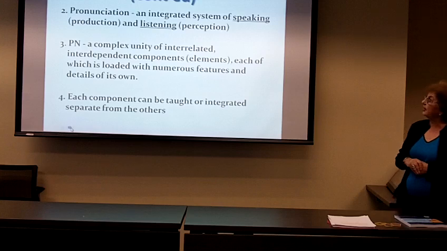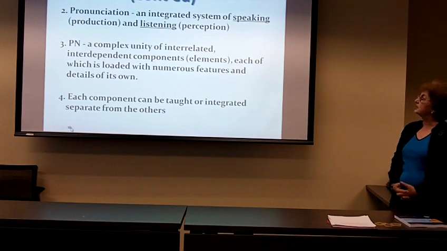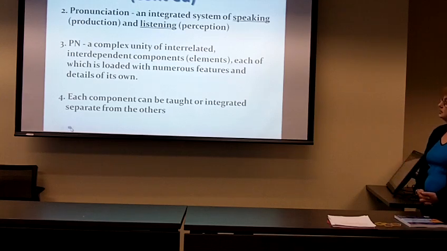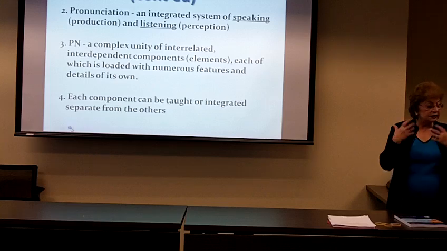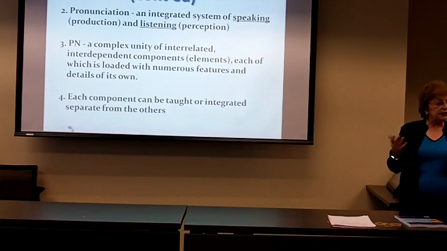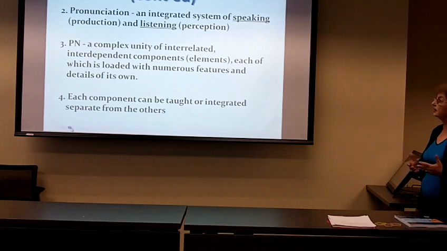The next factor is that pronunciation is an integrated system of production and listening. They are interrelated, and one does not exist without the other.